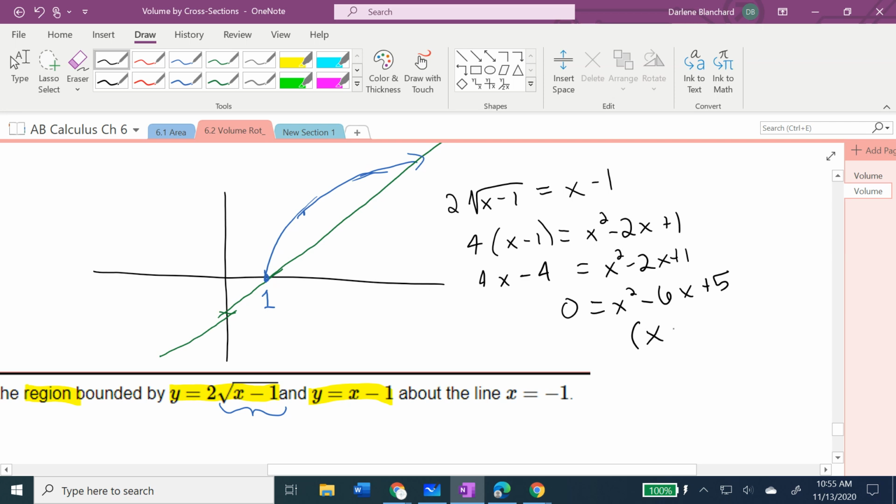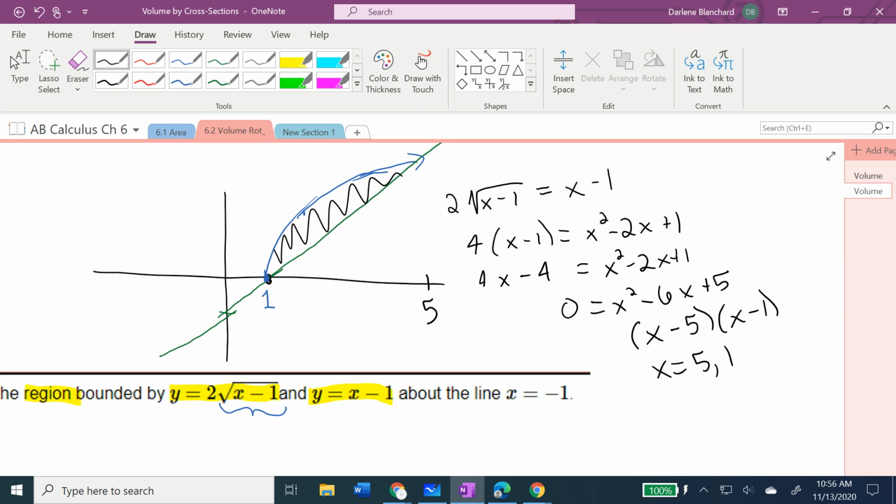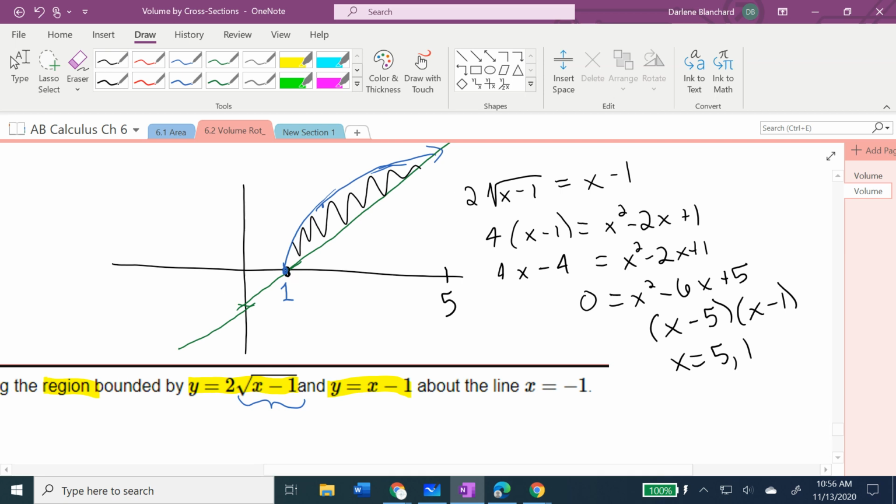Factor. And I'm getting that they intersect at x equals 1 and at x equals 5. Also know that if you had solved this equation in a slightly different way, no, never mind. No, let me not go there.